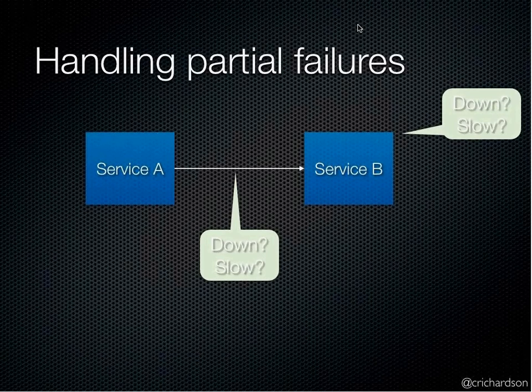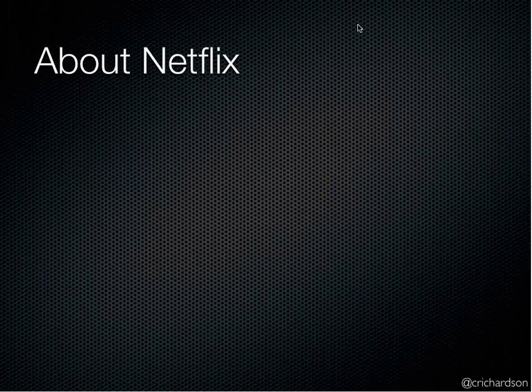Or the network that's connecting the two could be down or could be slow. So we've got this scenario where bits of our system are working, but other bits are slow or completely down. So you have to design your system very carefully to avoid a whole bunch of problems.